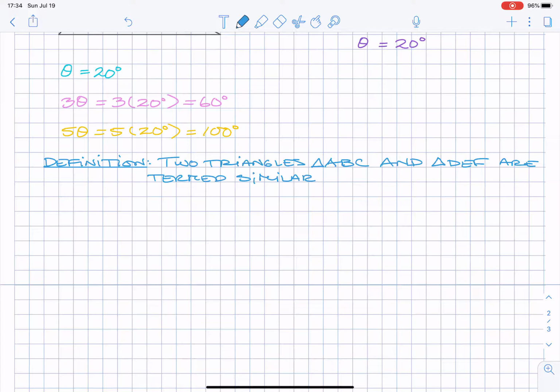That's what we're defining, similar triangles.